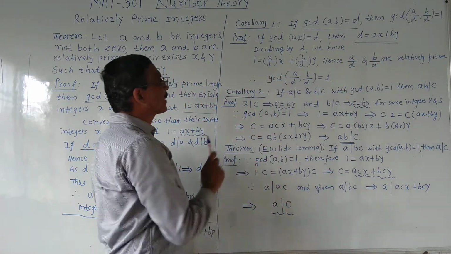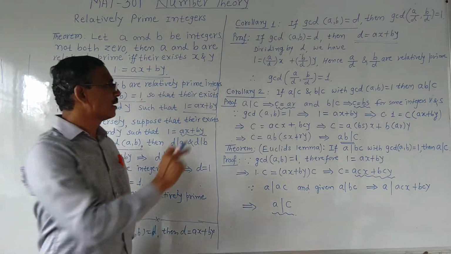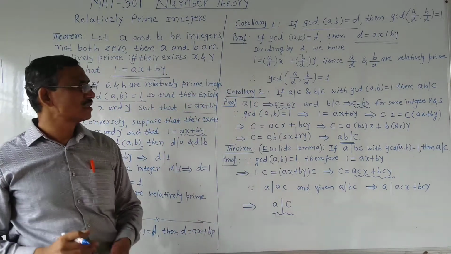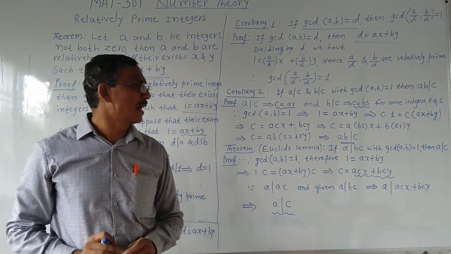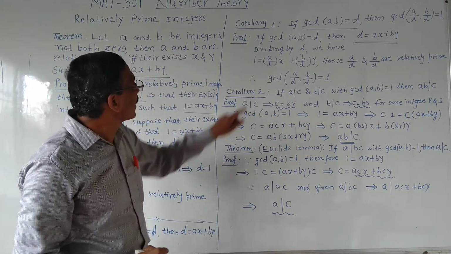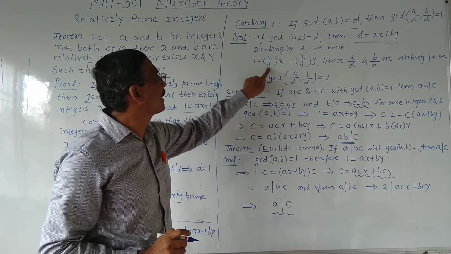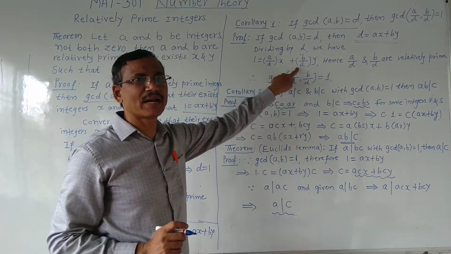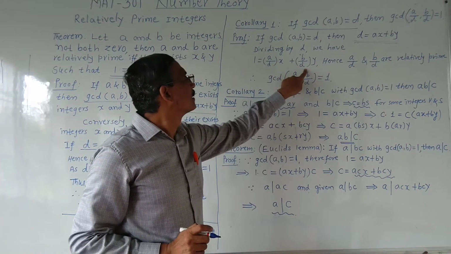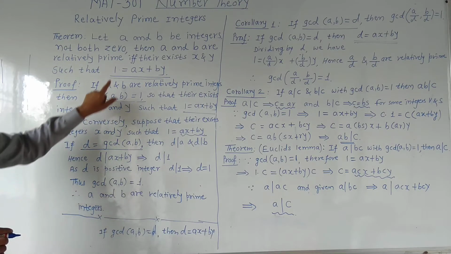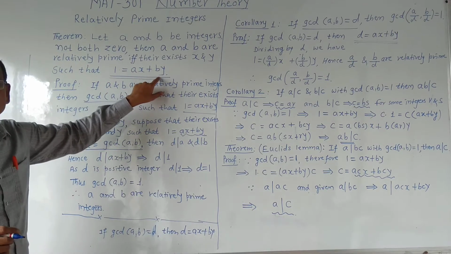That means after dividing by d, we get 1 is equal to a by d into x plus b by d into y. It is of the form 1 equals ax plus by.